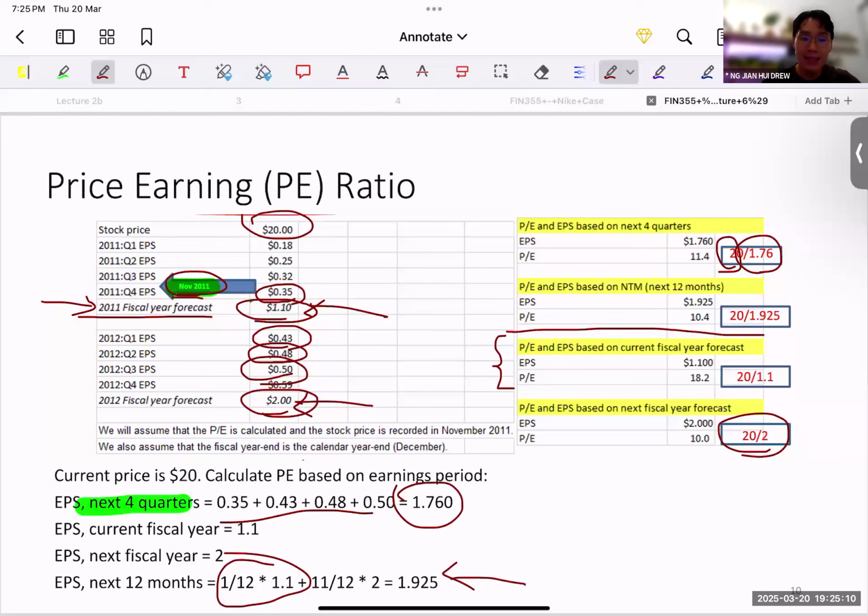And then we have 11 more months in the next year, so we have 11 divided by 12 times 2, which is this one here. Once we determine the earnings per share for this, we can take the stock price 20 divided by 1.925.